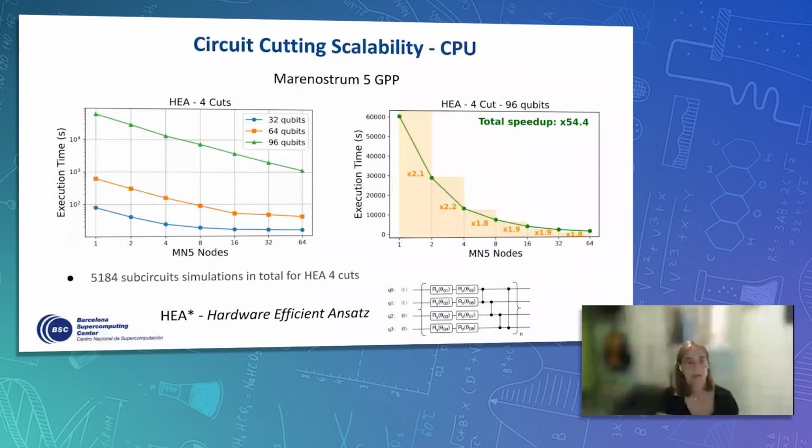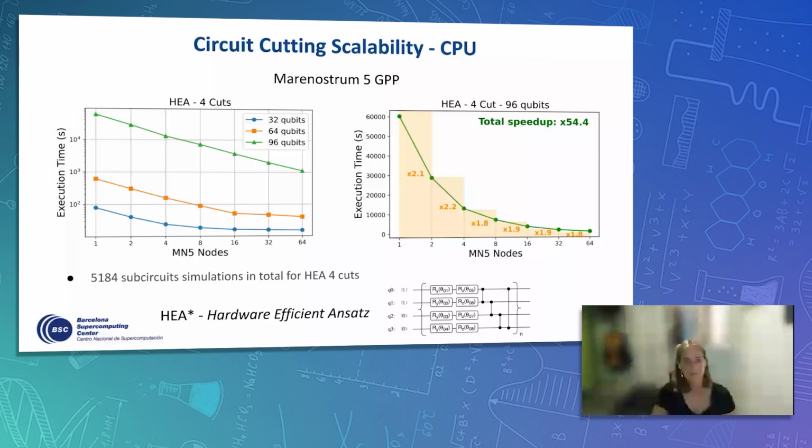And here we already have some results that we published in the paper. These results were run on MareNostrum 5 GPP, the general purpose partition. And there's a lot of information, so I'll go step by step.